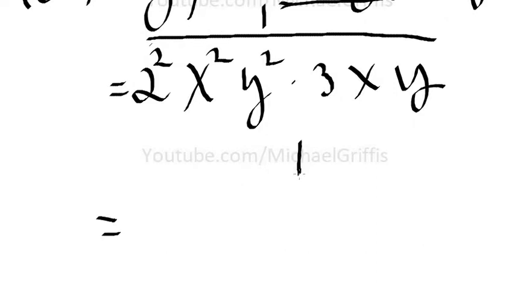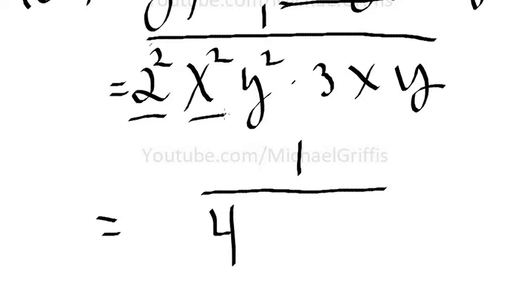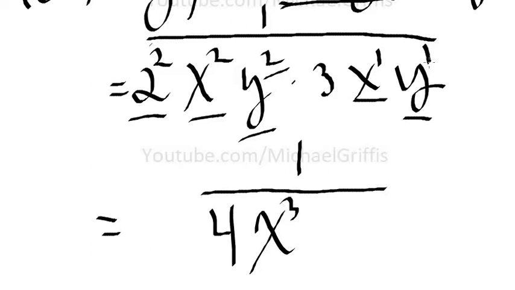Okay, so we have 1 up in the numerator. 2 squared is 4. All right, we have x squared. We have an x here, so we want to combine them. That's to the first power. So what do we do? We add their exponents. So that becomes x to the third. And then we have a y squared and a y to the first power, so that becomes y to the third.